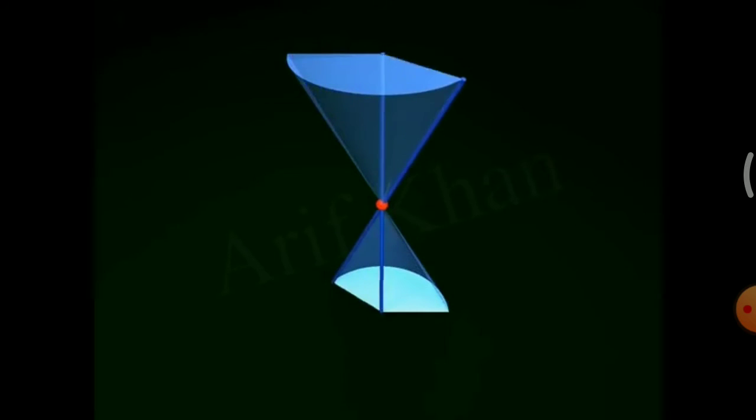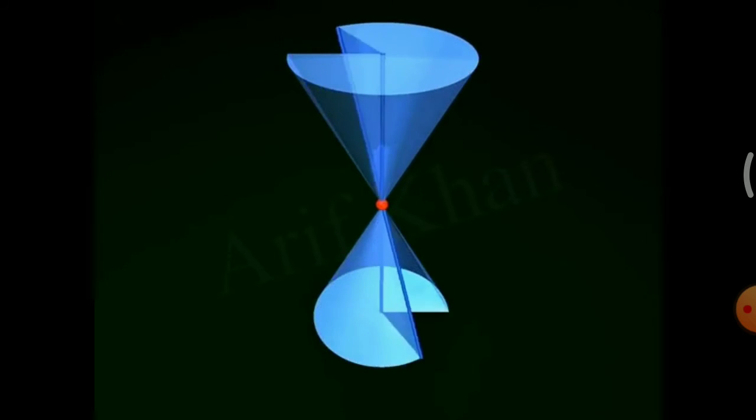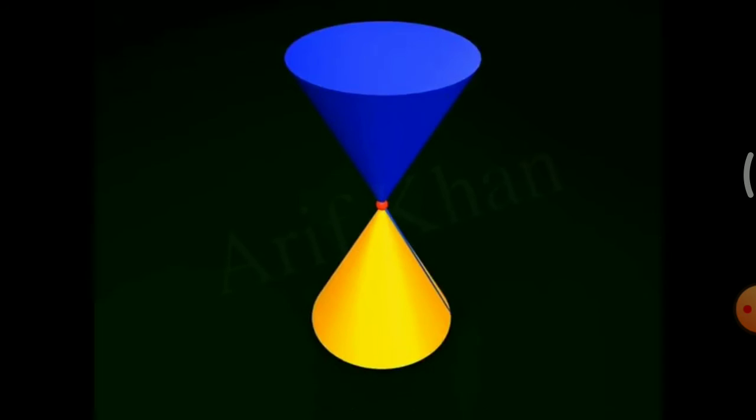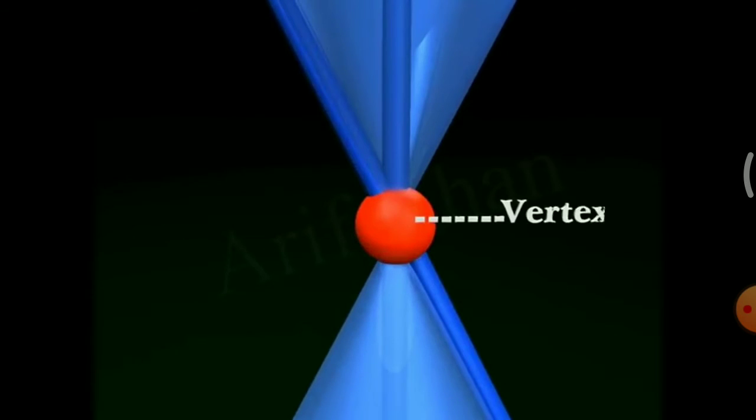When a straight line intersects a vertical line at a fixed point and rotates about that fixed point, the surface obtained is called a double right circular cone. So you can see the top and bottom, and it consists of two parts joined at a fixed point called the vertex.